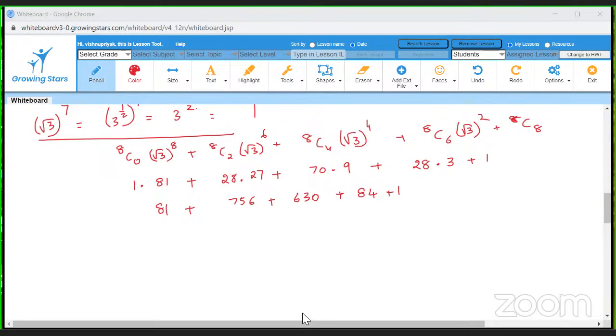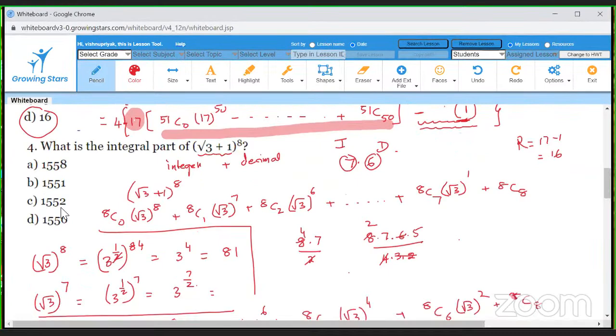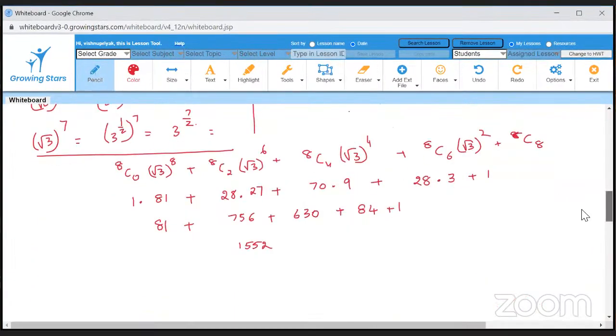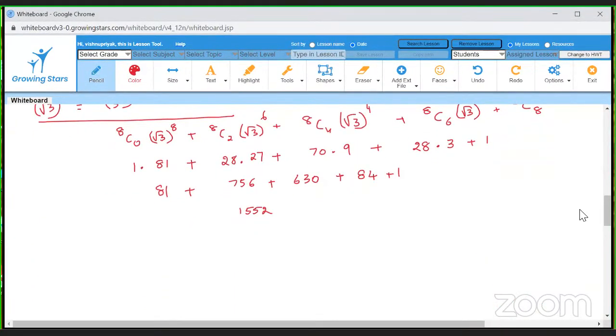Still you have to add 81 plus 756 plus 630 plus 84 plus 1. That is 1552. That is option C. Integral part. This is how you take integral part. Yes. Lohit and Rakshita, now you are right.